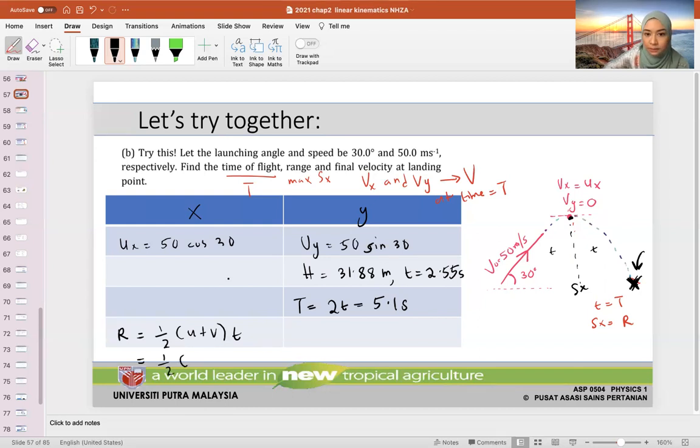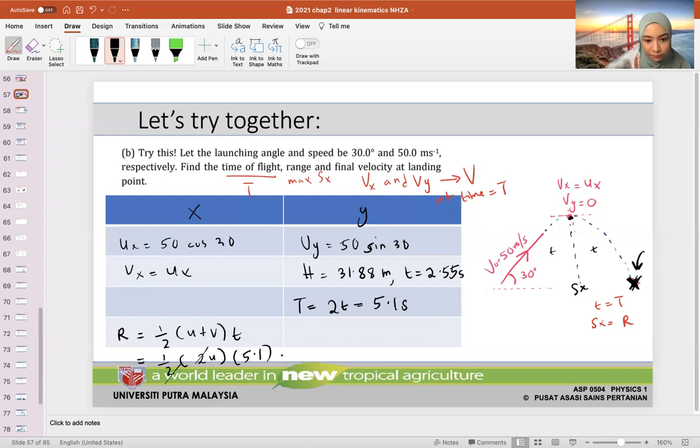So u is 50 cosine 30 and the Vx is also the same. So this is just 2u, right? 2 cancels out with 2. T is 5.1. So it is 50 cosine 30 times 5.1.